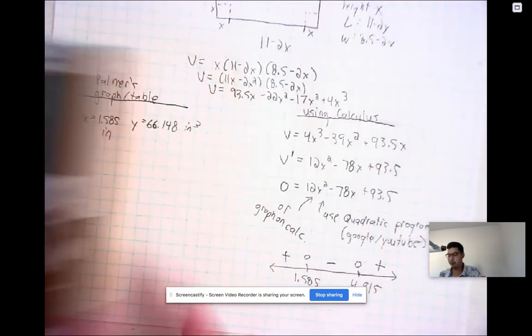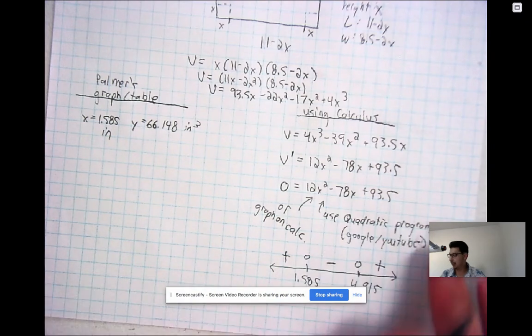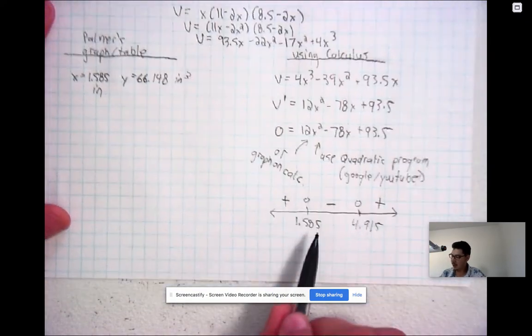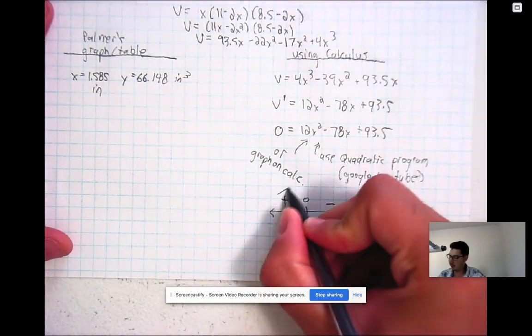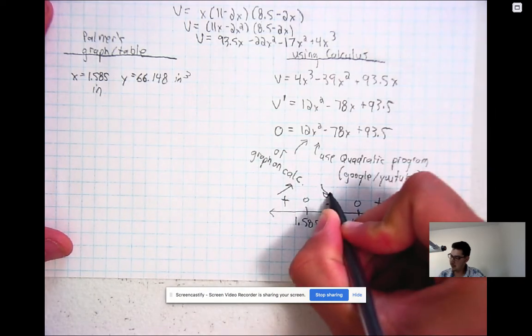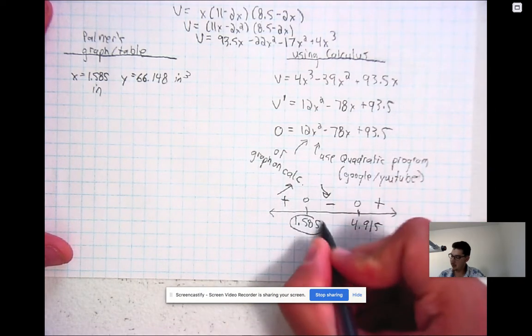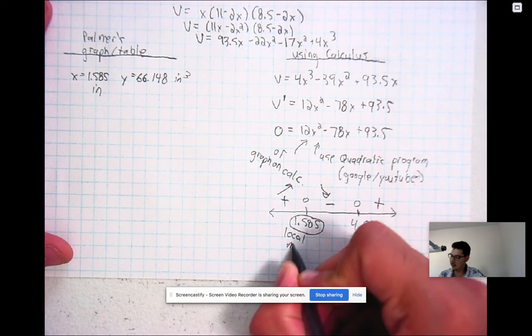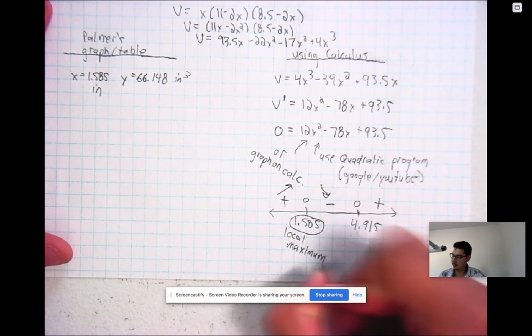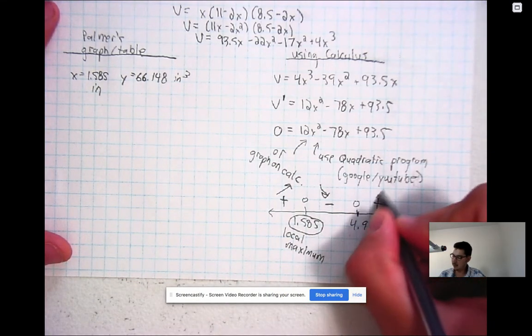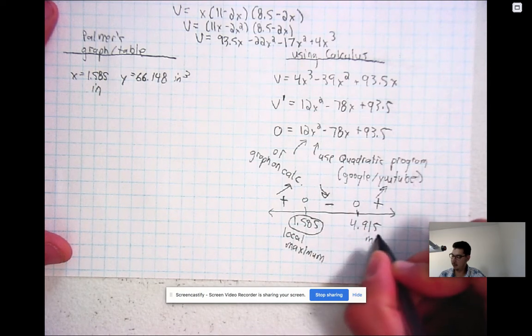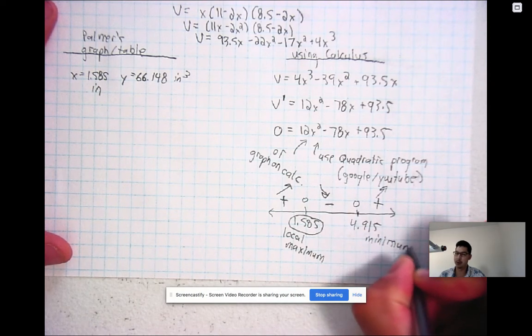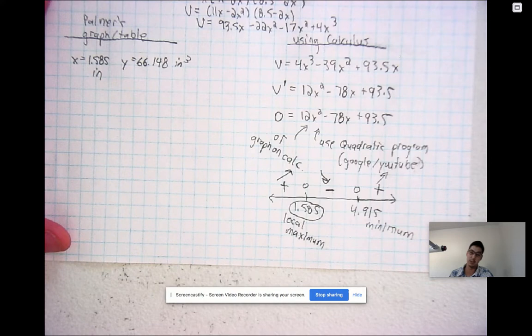So from what we know in calculus, these are zeros, and notice it's changing from positive to negative, so right here is your local maximum. And similarly, that is your minimum, when you'll get your lowest possible volume box, which is interesting too.